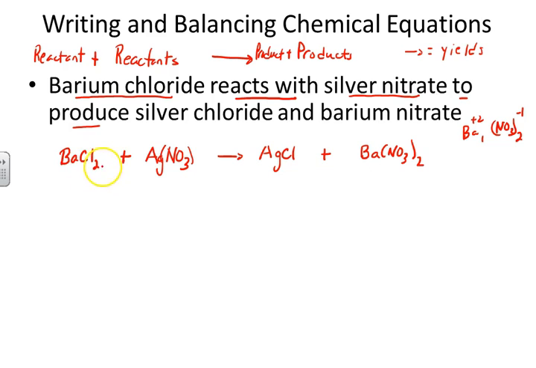Because I've got two chlorides here, I don't bring over a 2 to this side. Chloride here is a negative 1, silver is a positive 1, so it's going to be a 1-to-1 ratio. Now, when we look at this, though, we have some discrepancies. For instance, if we start with barium, we have 1 barium on the reactant side. This is the reactant side.